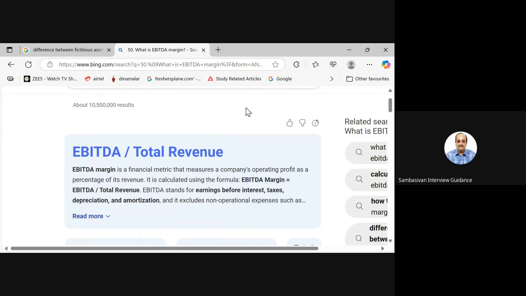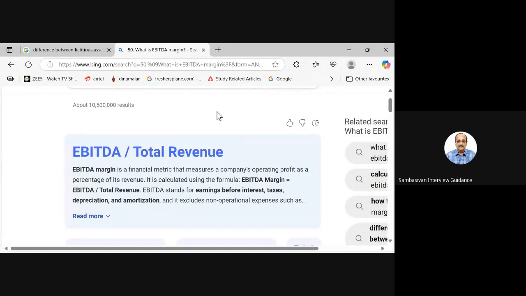EBITDA by total revenue. EBITDA margin is a financial metric that measures a company's operating profit as a percentage of its revenue. It is calculated using a formula: EBITDA margin is equal to EBITDA divided by total revenue.